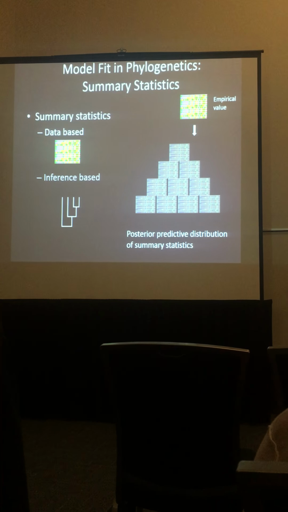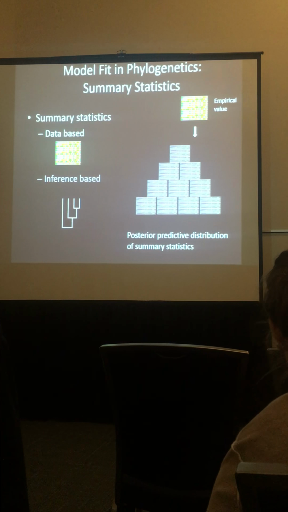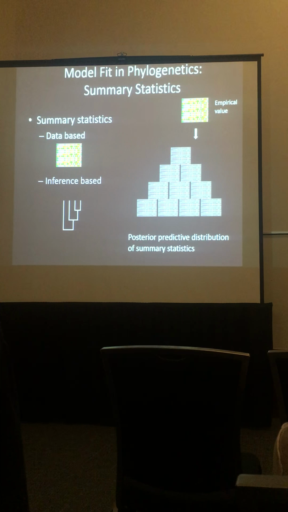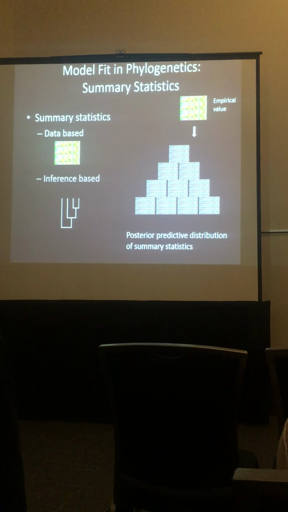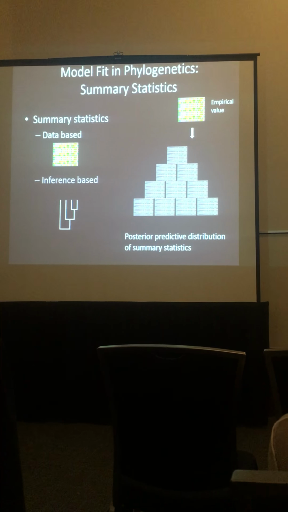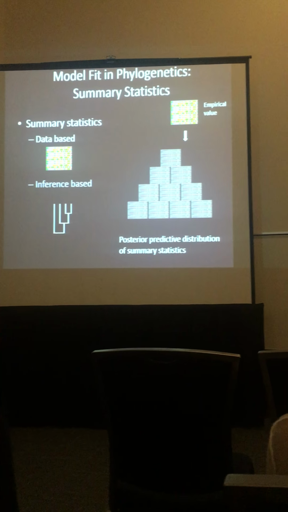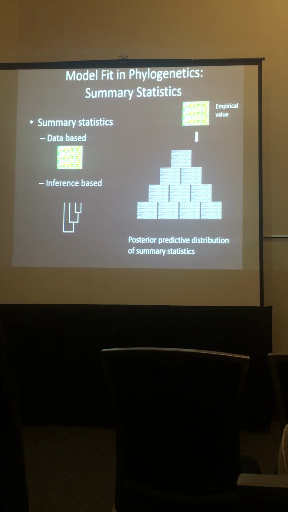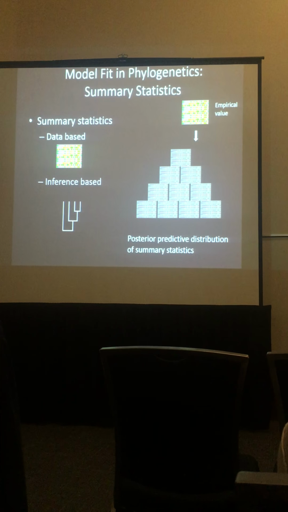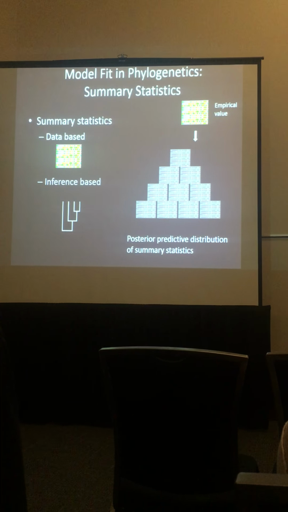And there's a couple of different ways to compare your distribution to your empirical data, and that's with summary statistics. There's two different flavors, really: data-based and inference-based. With data-based, you're looking at characters of the data that you're interested in investigating, like site frequency spectra or something like that with the multiple sequence alignment.